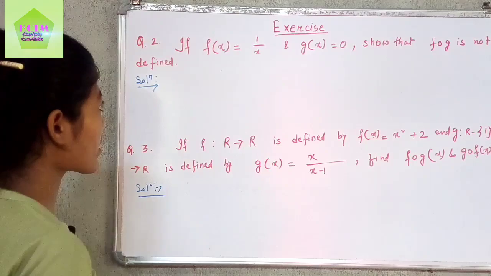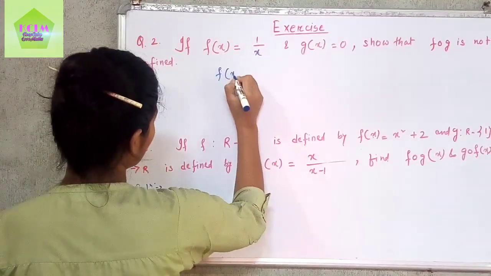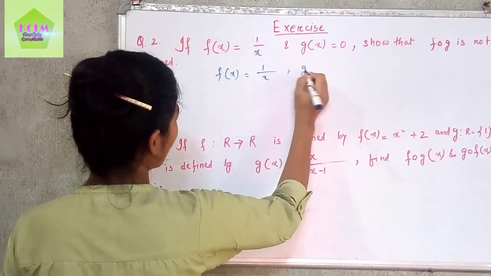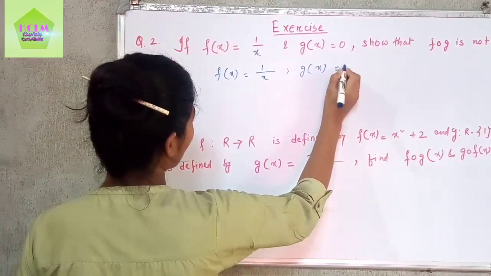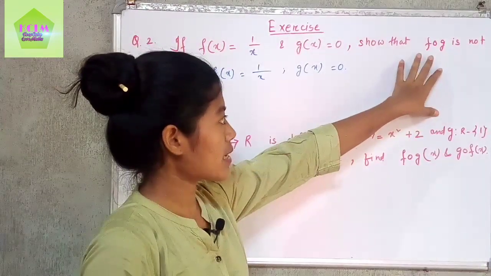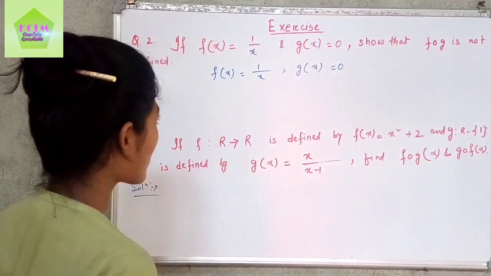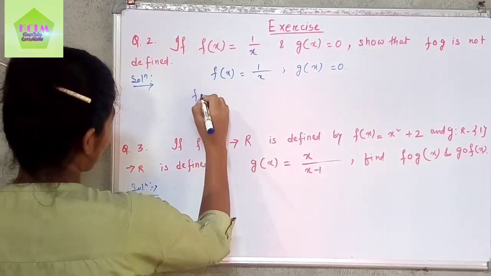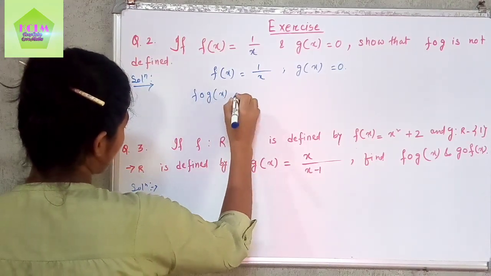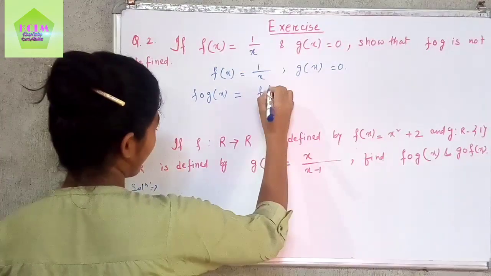We have f(x) equal 1 by x and g(x) equal 0. Now if we suppose that f∘g is the composite function containing the elements like x, then the composite function f of g of any element x will be, by definition of composite function, f(g(x)).